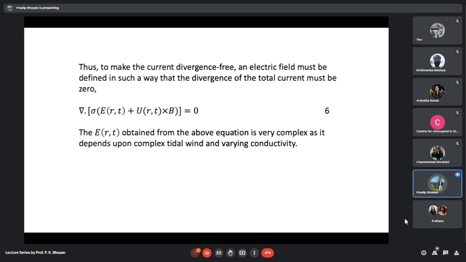But even if we consider it to be divergence free, the equation for the electric field, or the electric field itself, becomes very complex because the conductivities vary as well as your wind varies. Okay. So this much for today.